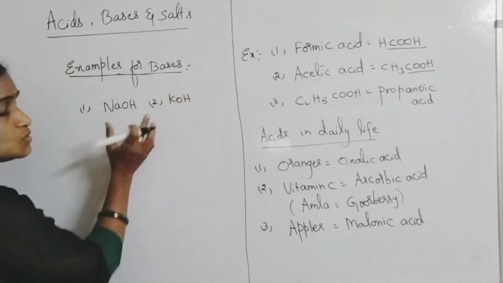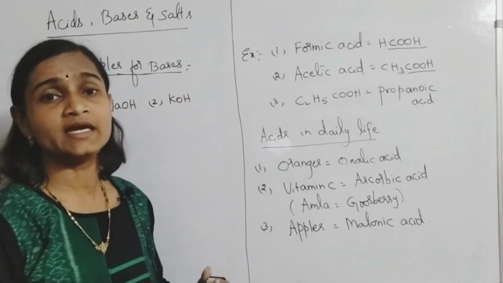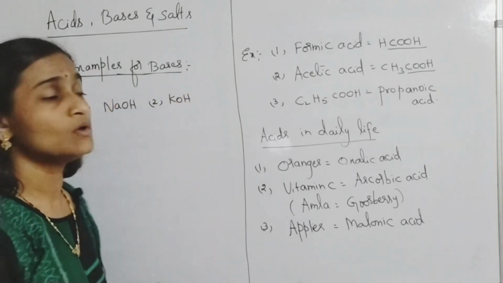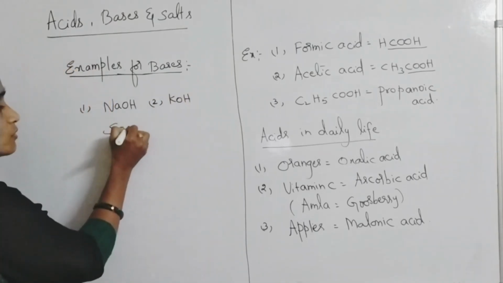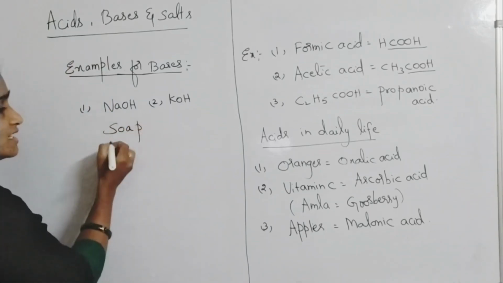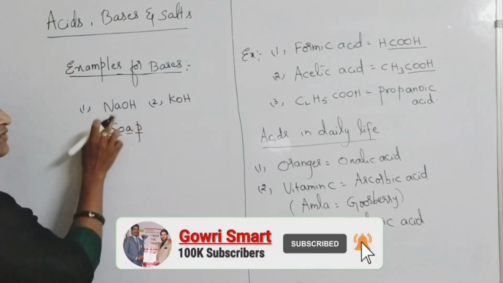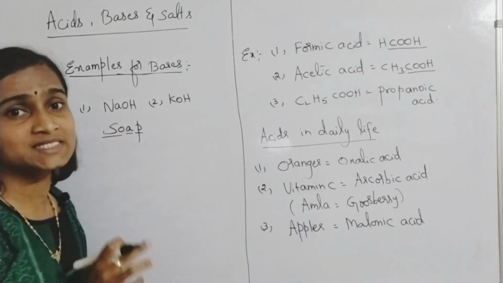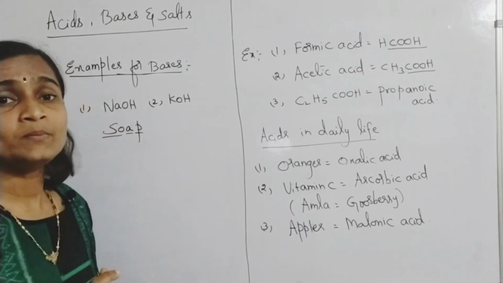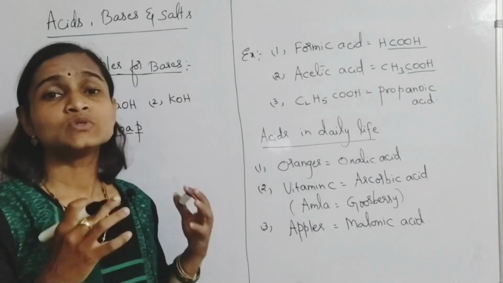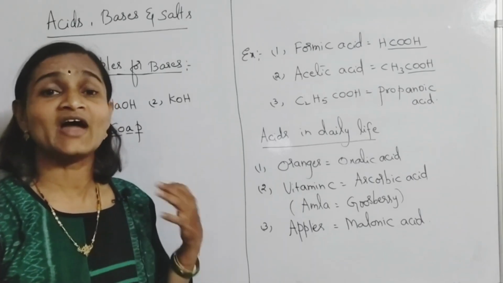These two are considered the main ingredients in the manufacture of soap. Now soap, you know, in the name itself there is sodium and potassium. But soap consists of what? Soap is sodium and potassium salts of fatty acids.